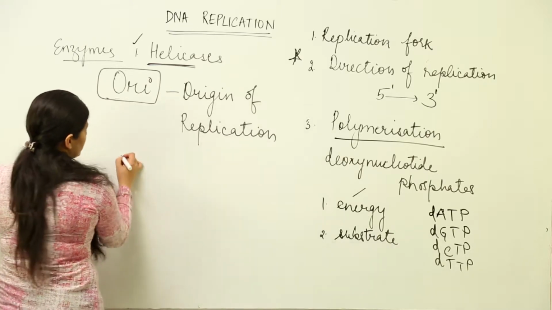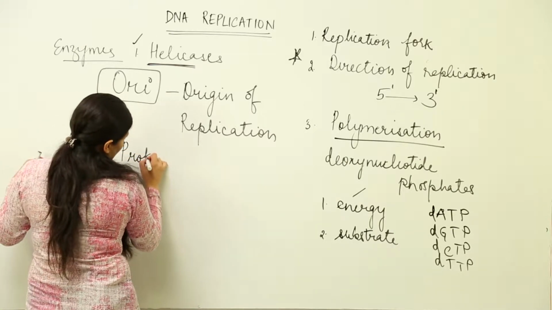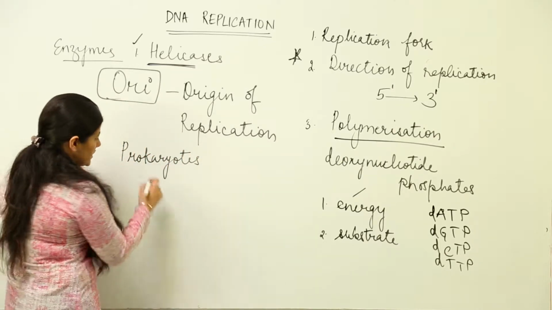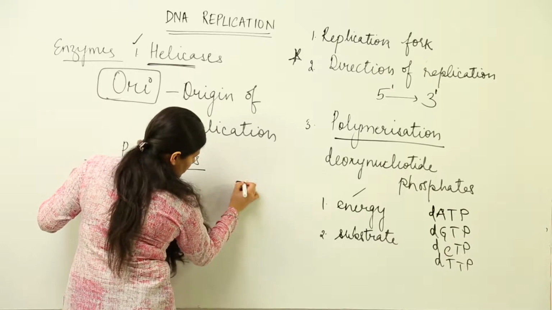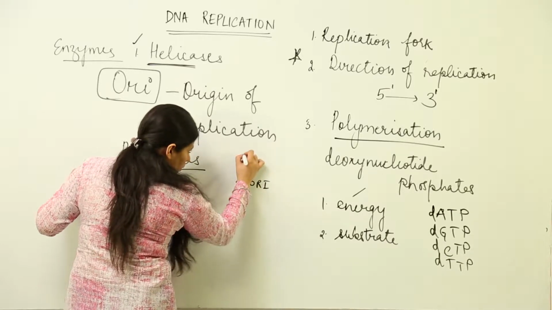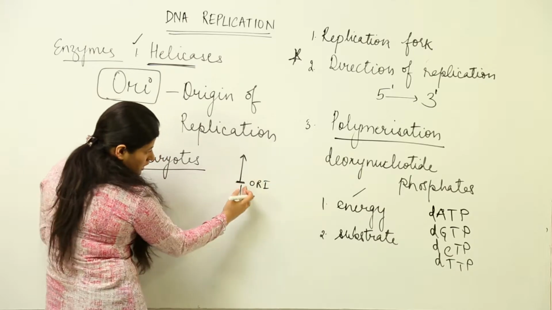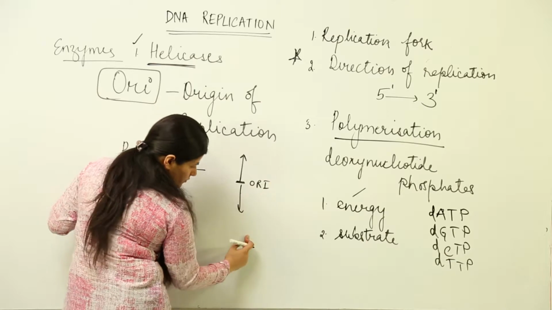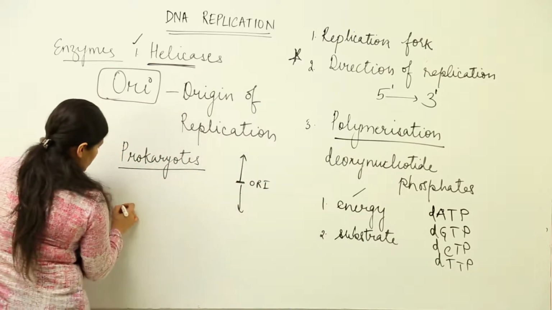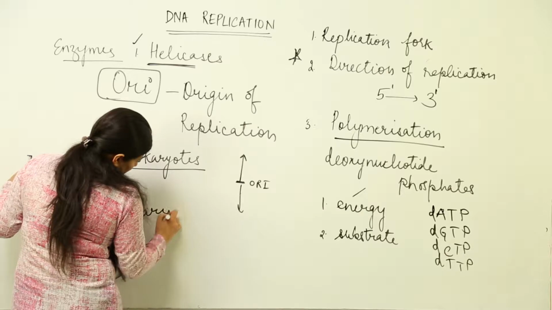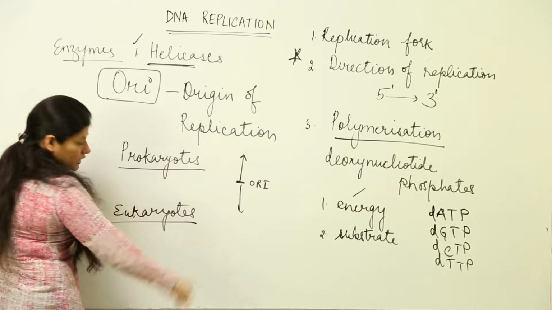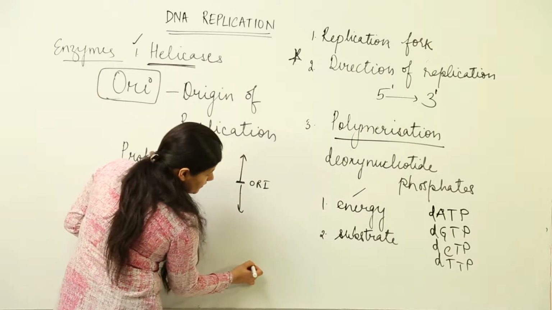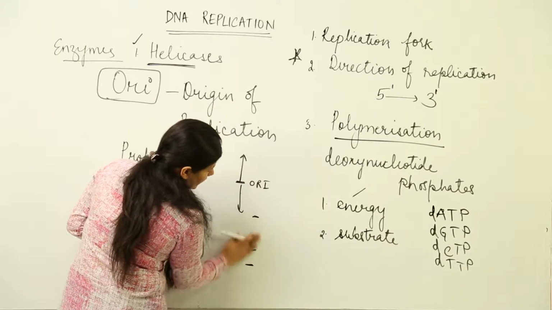One point is to be remembered, that in case of prokaryotes, that is when the cell is going to have nucleoid, bacterial cells, the replication, supposedly this is ORI, the replication would follow in both the directions. One chain would be formed or polymerize in this direction, other would polymerize in this direction. But in the case of eukaryotes, when the genetic content is in a well-defined nucleus over the chromosomes, then there are many sites of ORI, alright.